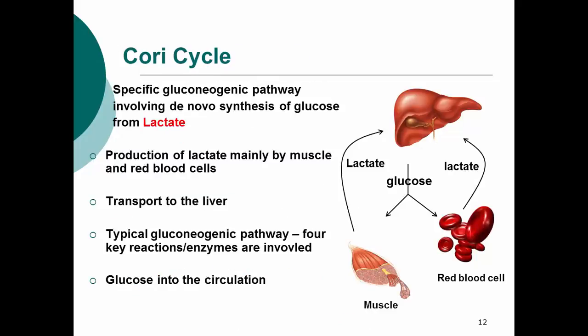And the two gluconeogenesis cycles are the Cori cycle and the alanine cycle. The Cori cycle, basically you get lactate from muscle and red blood cells and make glucose in the liver, right, and then contribute glucose to the circulation.